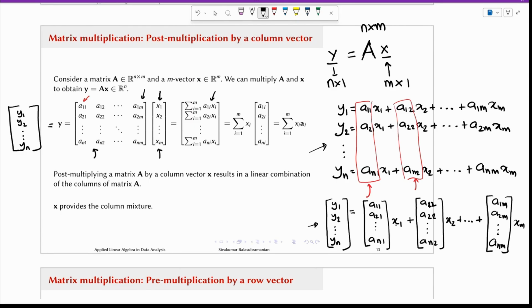Because if you scale each of those columns and add all of them together, Y1 will be equal to this, Y2 will be equal to this. It's just another way I've written it.